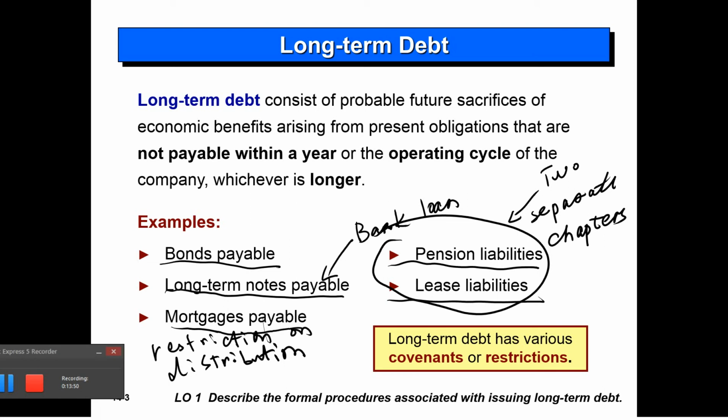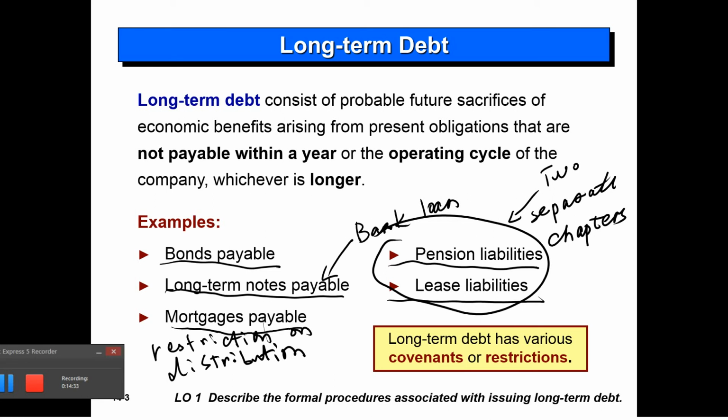Otherwise, it's very difficult for them to borrow from the general public or from the bank. From bondholders' perspective, they want companies to keep the profit instead of distributing it to shareholders. Why? The more you distribute now, as dividends for example, the less you have in future to pay back the liabilities. So of course, creditors, bondholders or banks don't want companies to distribute too much.